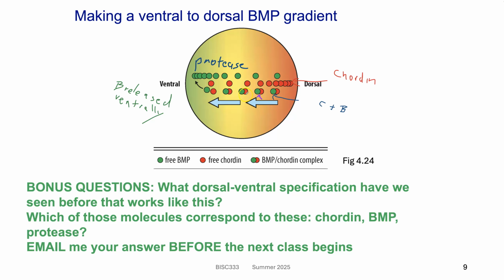There's no sort of direction to it, but as it gets to the ventral side, the protease then cleaves the BMP away so that BMP is released on the ventral side. And then again, cordon is just diffusing wherever, and anytime it encounters BMP, it binds to it, and then when it finds its way to the ventral side, it gets cleaved again.